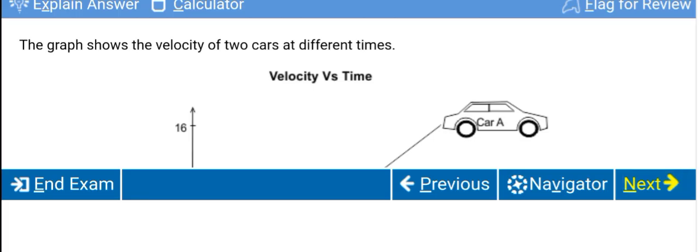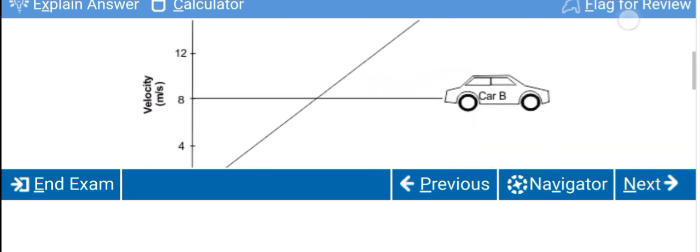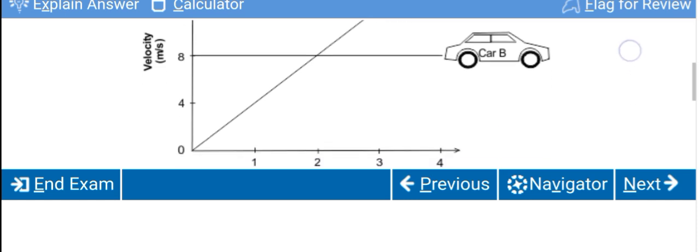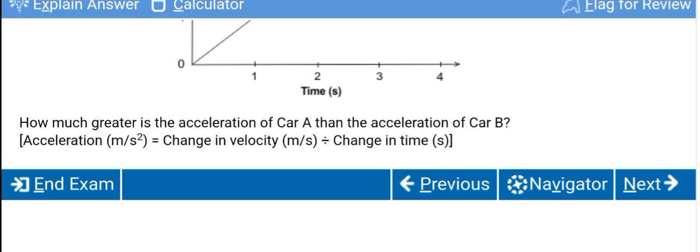Next question we have is that the graph shows the velocity of two cars at different times. So velocity versus time, we have velocity, car A, car B, and then we have time. The question is: how much greater is the acceleration of car A than the acceleration of car B?